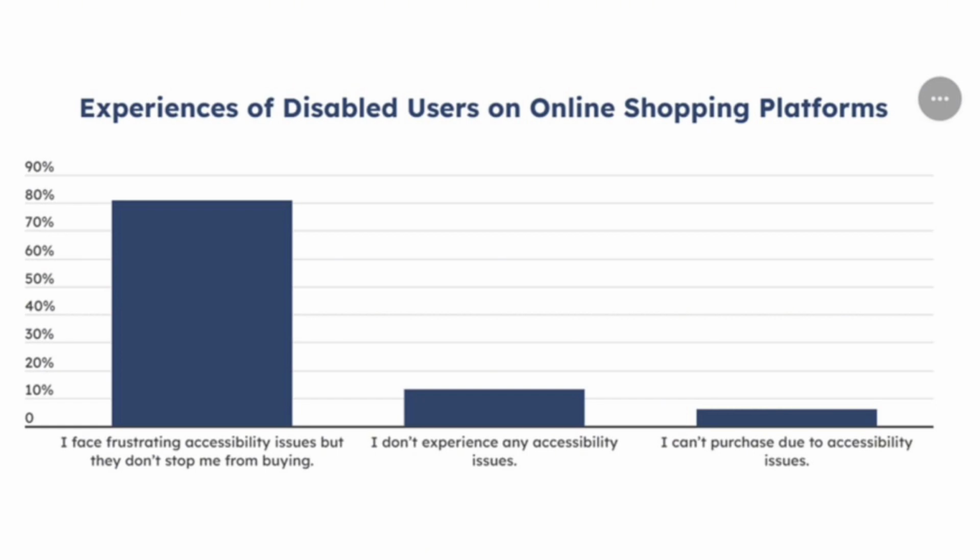Also here we can see that 6% of disabled people cannot purchase due to the accessibility issues. So totally we can say that about 90% of disabled people face some accessibility failures. This is a huge percentage of failures for web applications.